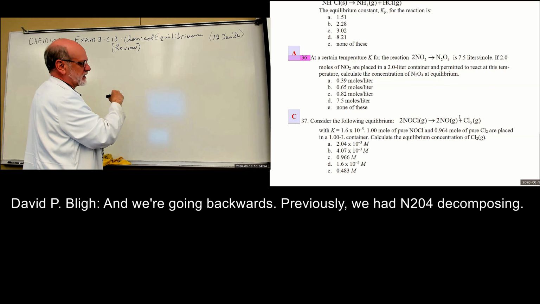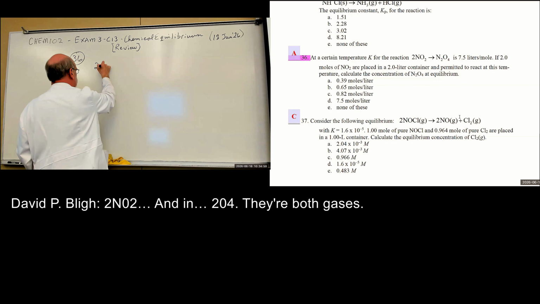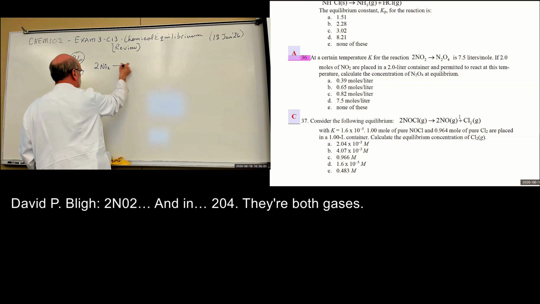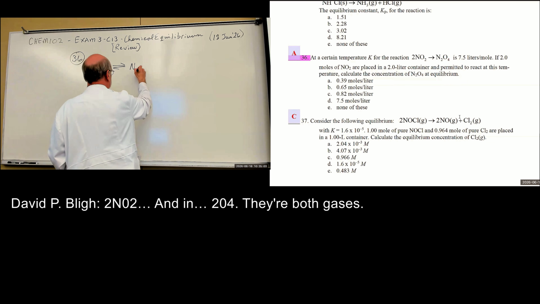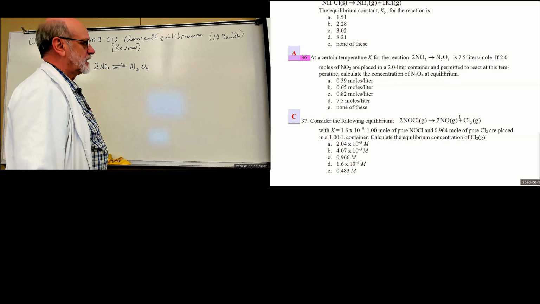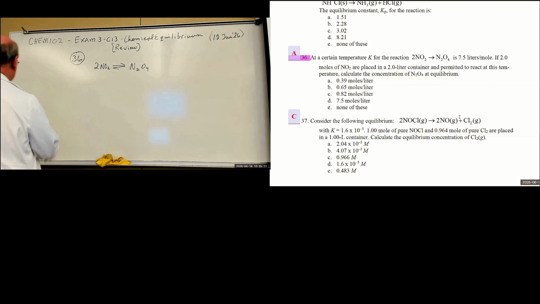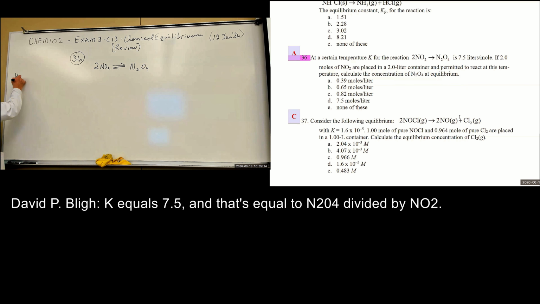All right, so 36. And we're going backwards. Previously, we had N2O4 decomposing to NO2. They're both gases. The K is 7.5. K equals 7.5.